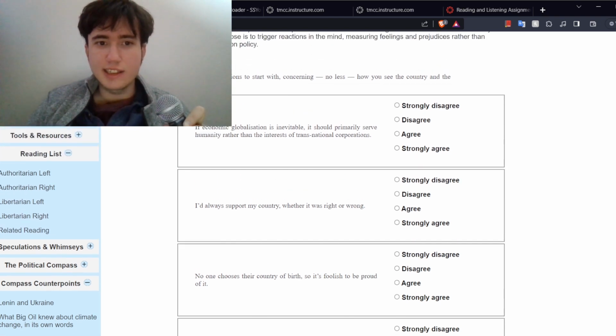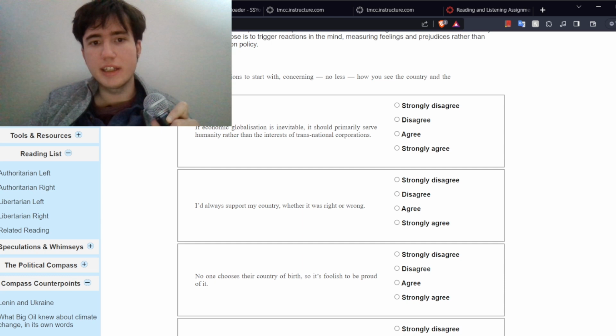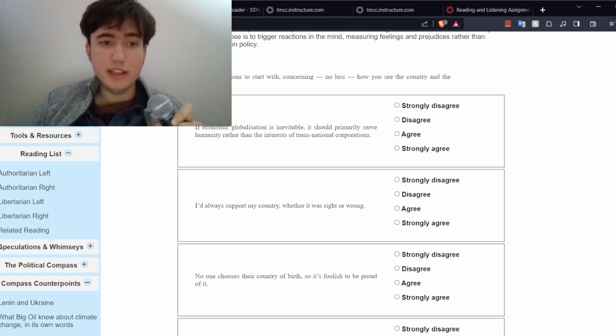So, see, immediately the first question is stupid because it says if economic globalization is inevitable, it should primarily serve humanity rather than the interests of transnational corporations. Now, the reason this is stupid is because a lot of people think that these are not mutually exclusive goals. A lot of people believe that the interests of humanity are best served when also serving the interests of transnational corporations.